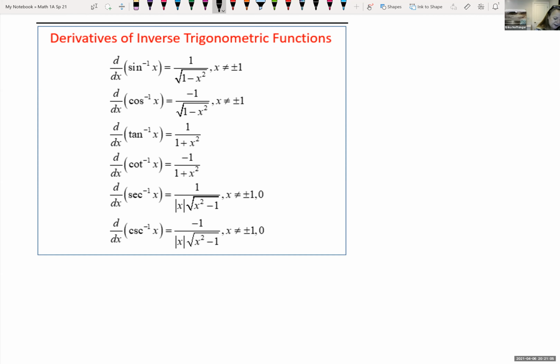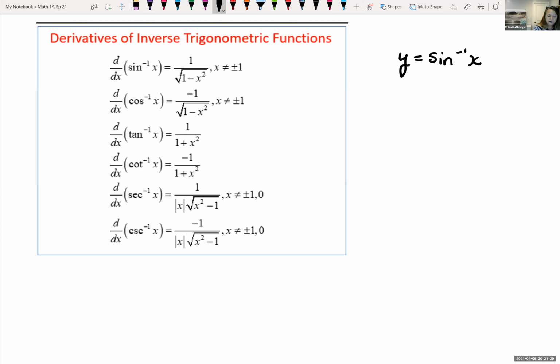So if I'm trying to find the derivative of sine inverse of x, let's start with this, y equals sine inverse of x. We want to find the derivative of this. Well, I don't know what the derivative of sine inverse of x is, but I know what the derivative of sine of x is.